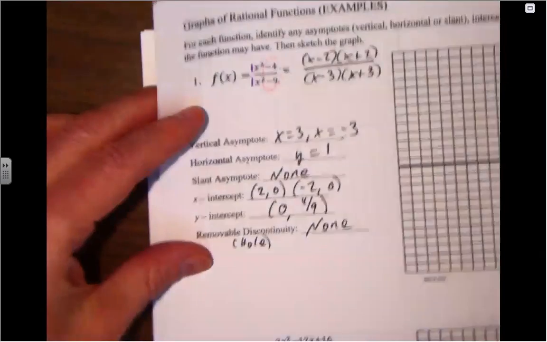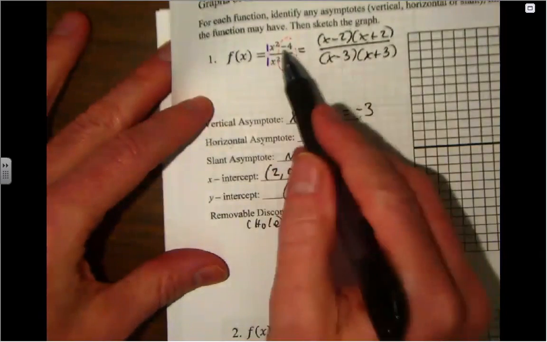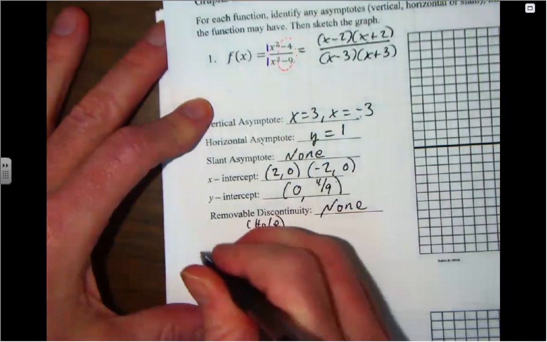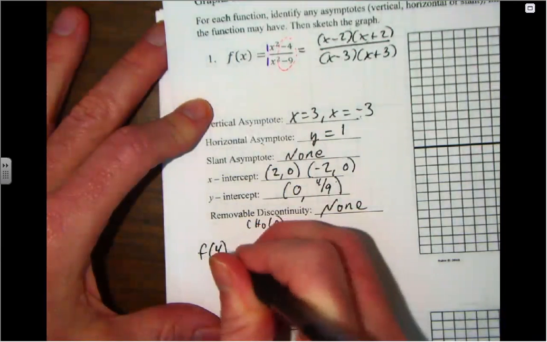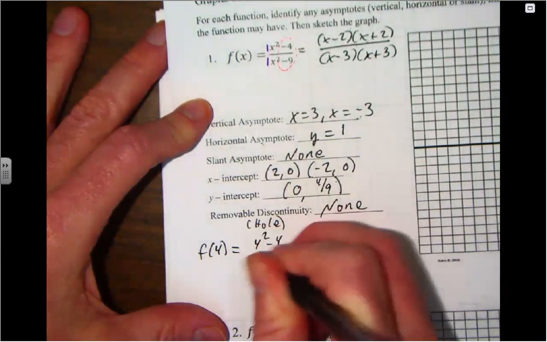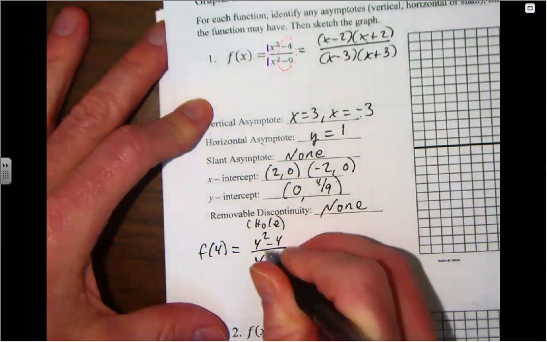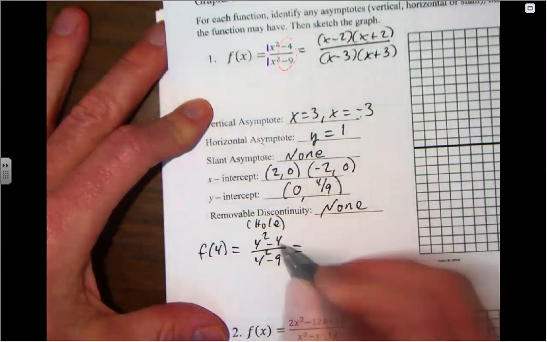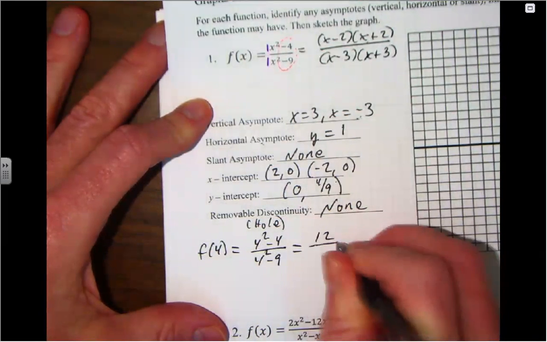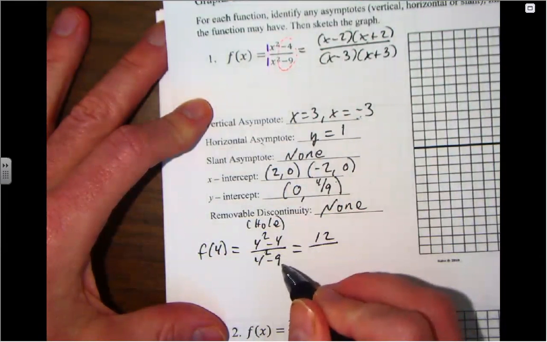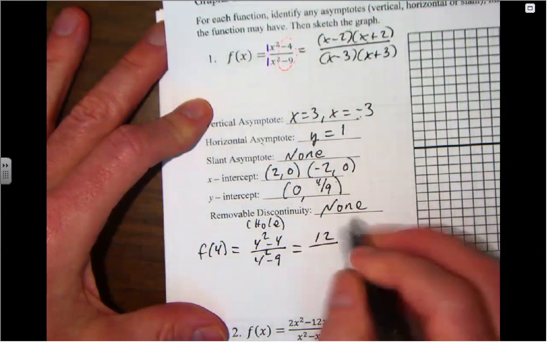So if I plug in 4 into the original function just to see what happens, that's all I care about, just see what happens. So if I plug in 4 for all the X's, then we have 16 minus 4, which is 12. And then we have 16 minus 9, which is 7, last time I checked.